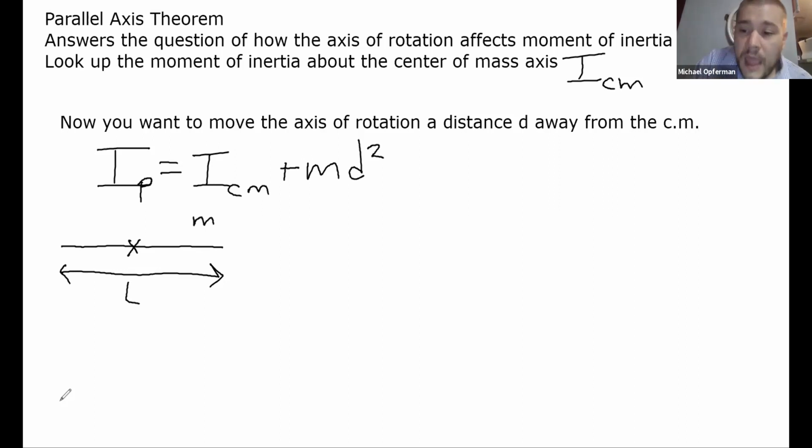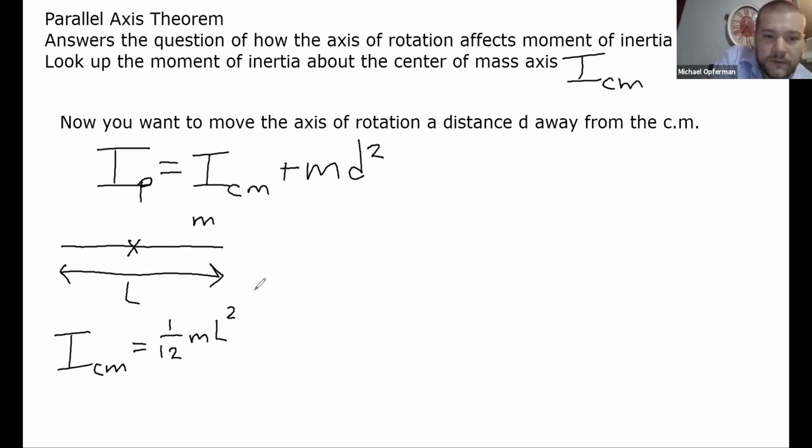If you go back to the table of moments of inertia that you have, and you ask what's the center of mass moment of inertia for a rod of length L and mass M, you'll find that it is 1/12 times ML squared. Now, we would like to move the axis of rotation to a new location. Over here, we want to move the axis of rotation to the end.